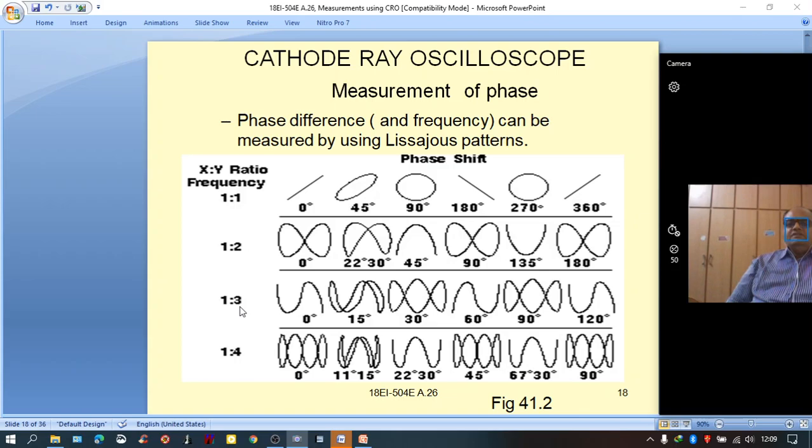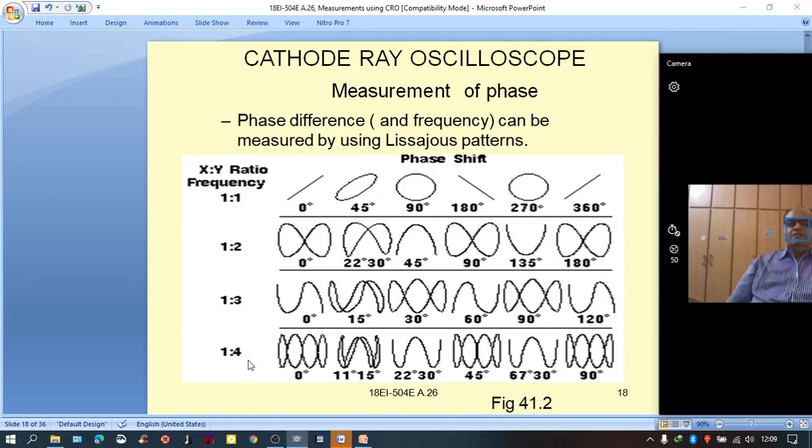Now, when the vertical signal frequency is 3 times the horizontal signal frequency, we will get different Lissajous patterns appearing like this. At 0, this type of pattern, 15 degrees, another pattern, 30 degrees, like this, 60 degrees, 90 degrees, and 120 degrees.